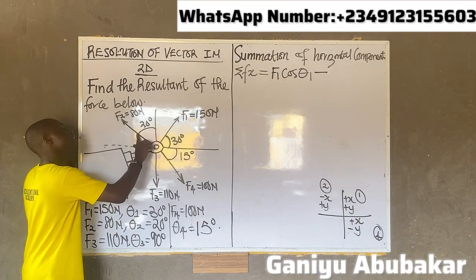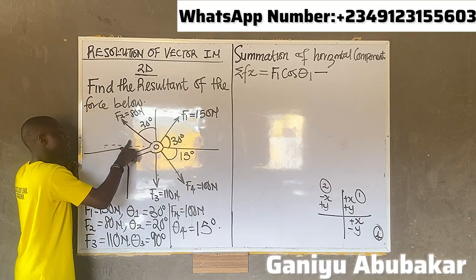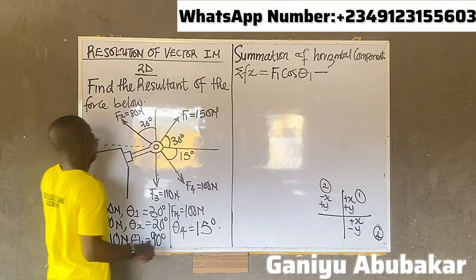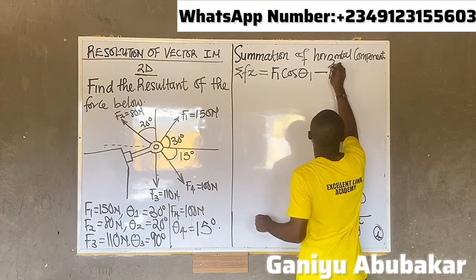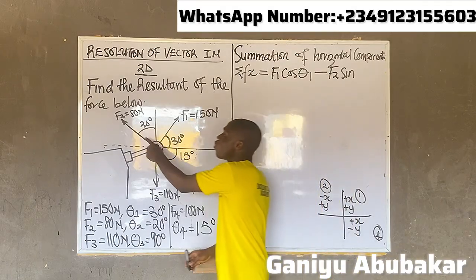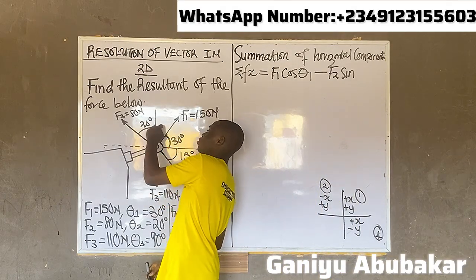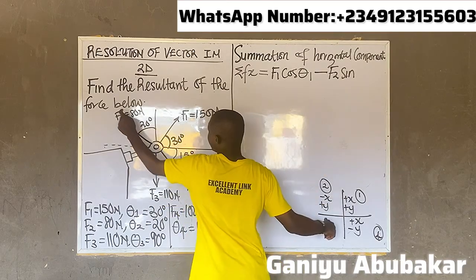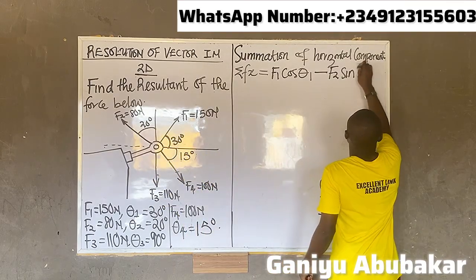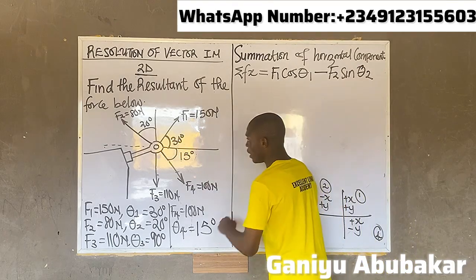Observe that the angle is lying on the vertical. Vertical becomes sine, so I'll have F2 sine theta 2. Why sine? Because the angle is not on the horizontal, it's on the vertical. Done with this. Okay, let's move to F3.